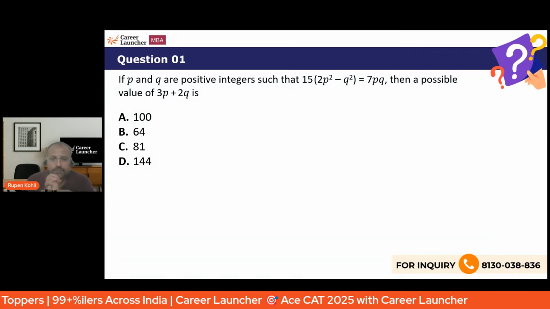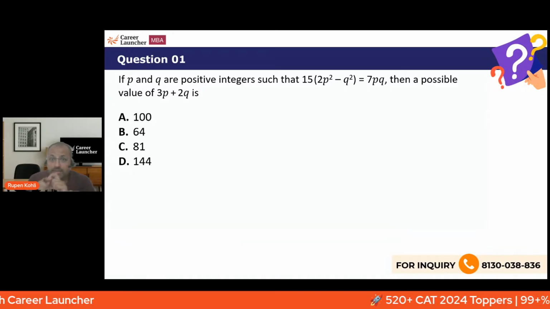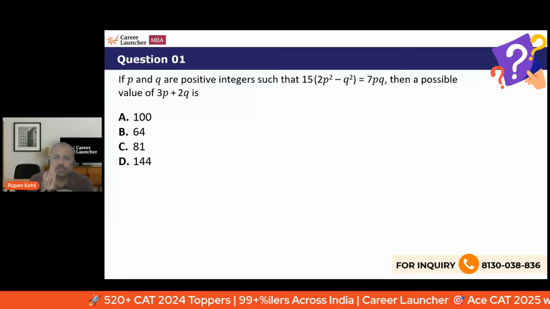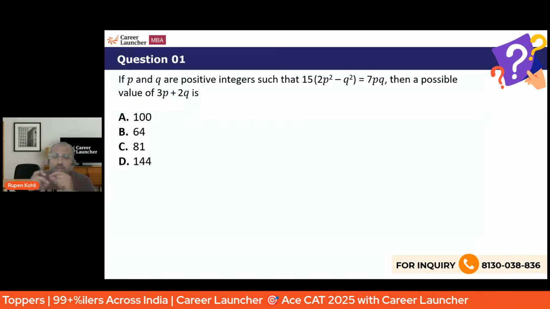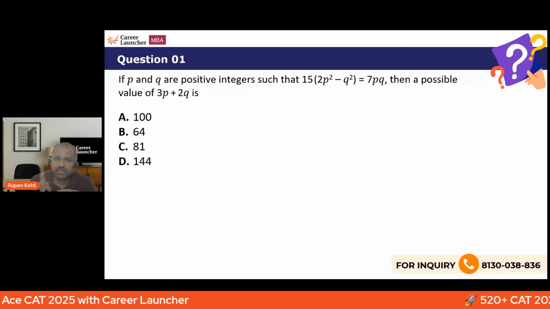Now this question primarily rests on the fundamental constraint given in the very first phrase: p and q are positive integers. I'm able to tell you that CAT is focusing a lot these days on asking questions with this constraint that my variables are integers, and then asking something.